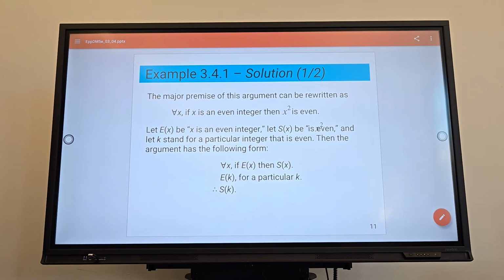So the major premise of this argument can be rewritten as, for all x, if x is an even integer, then x squared is even. Let e of x be x is an even integer. Let s of x be x squared is even. And let k stand for a particular integer that is even. Then the argument has the following form.